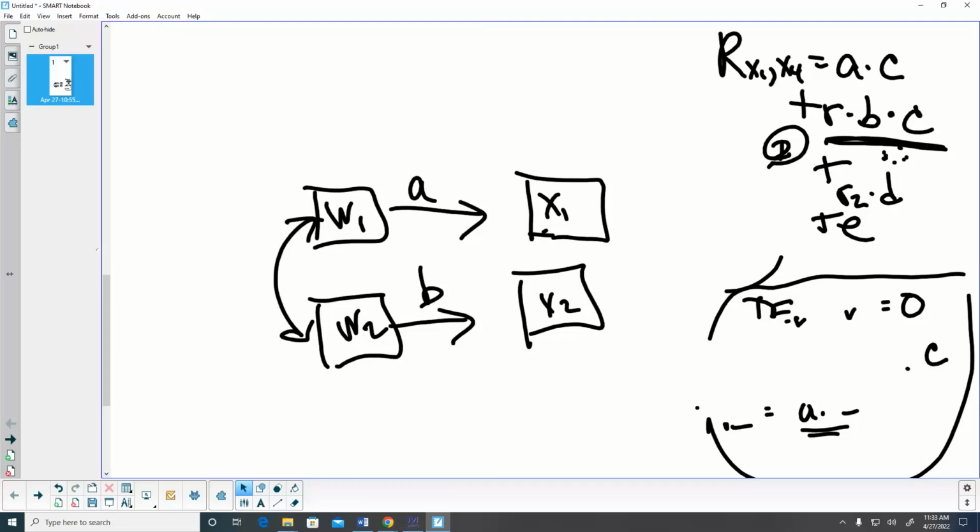And the reason that was is because, remember, the loading is telling you how well this item discriminates between people who are high and low on the factor, right? So a high loading means it's a highly discriminating item. It means that the relationship between the factor, this ability factor, and the item is really strong.